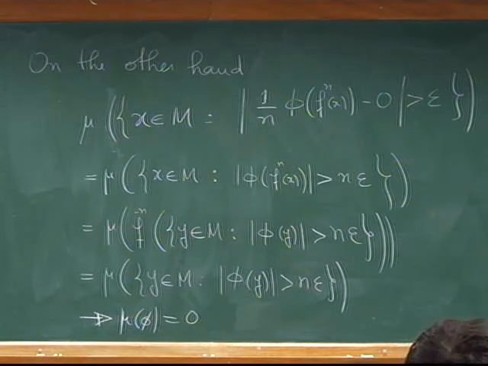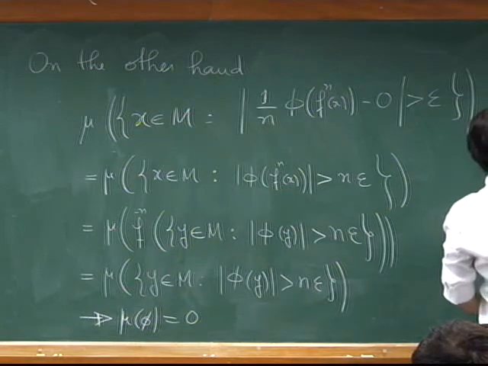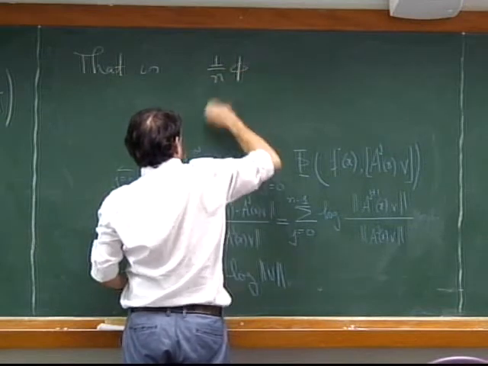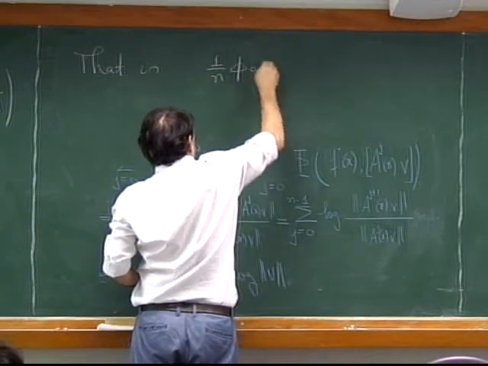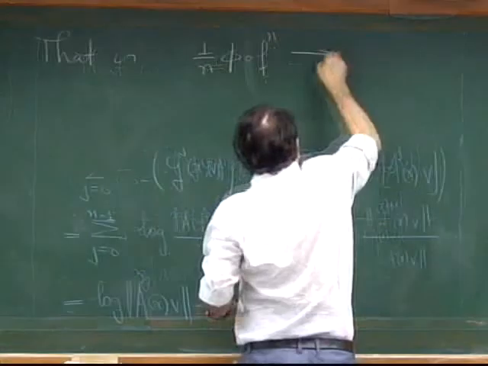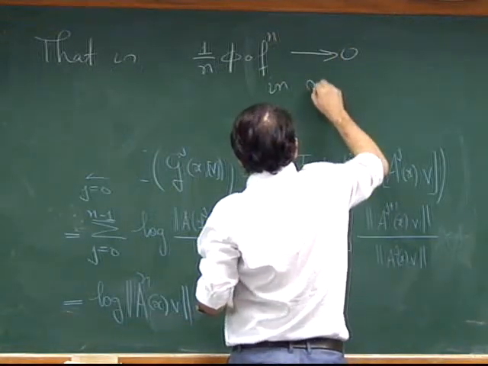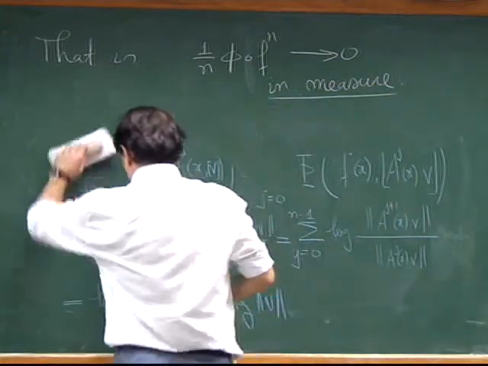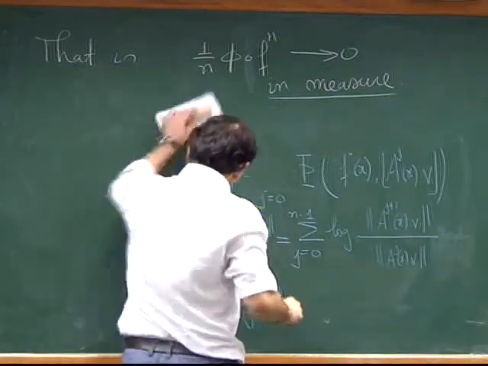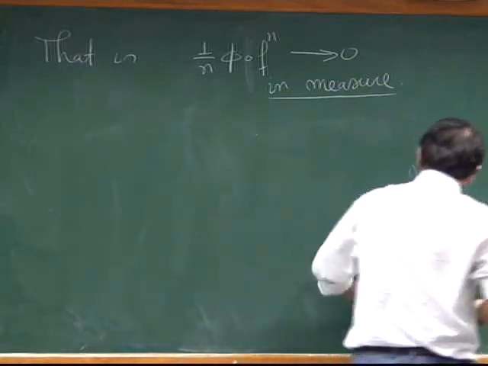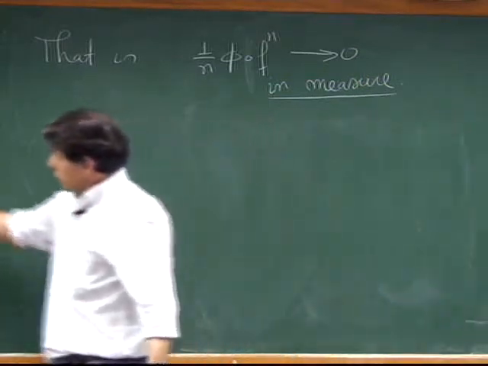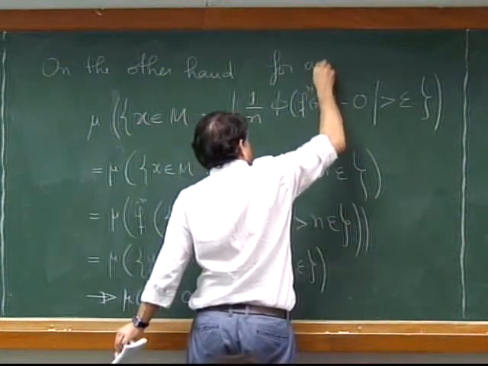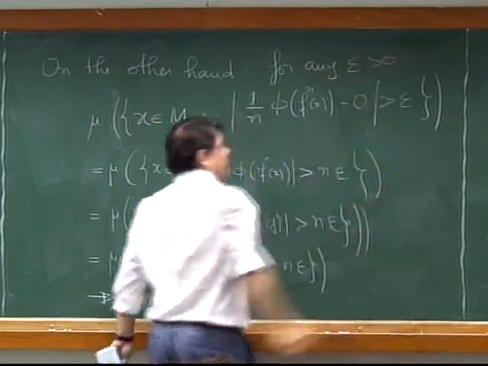In other words, what this means is that the sequence 1 over n phi composed with f^n converges to 0 in measure. What does it mean to converge in measure? It means what I just said: the measure of the set of points where the difference is bigger than epsilon goes to 0 for any epsilon.